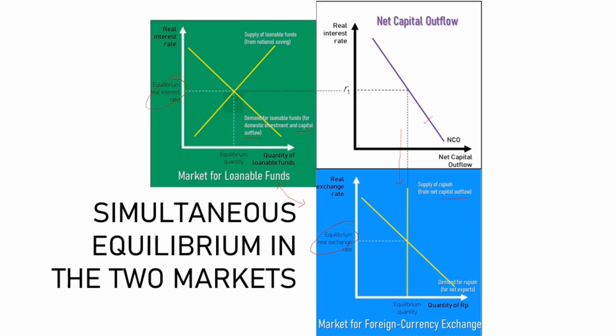Once again, I have to remind you, both equilibriums of the real interest rate and the real exchange rate are not set. They are determined from the market mechanisms. So any event, situation, or policy that affects S, I, NCO, and NX will affect the equilibrium.